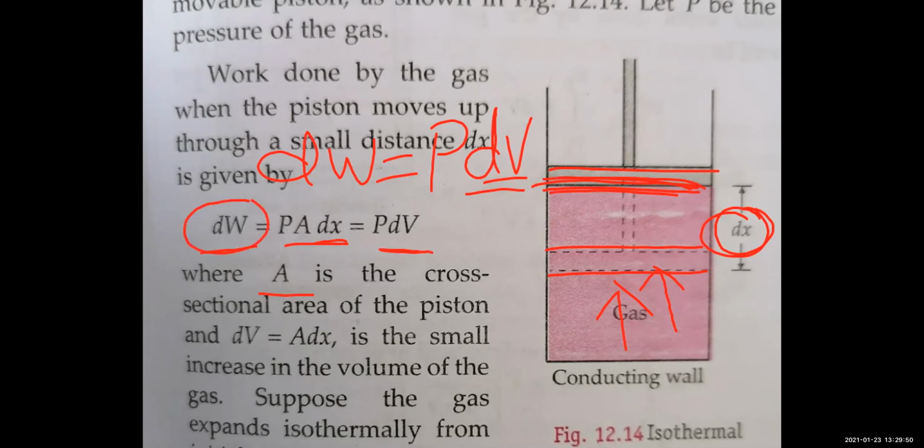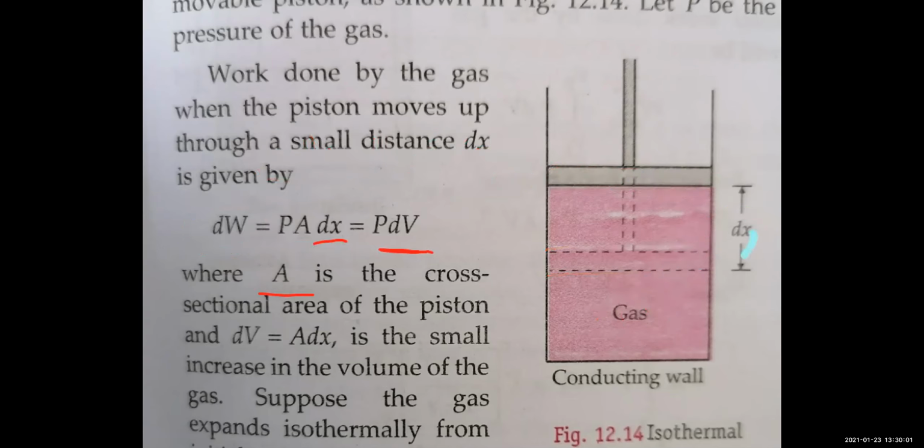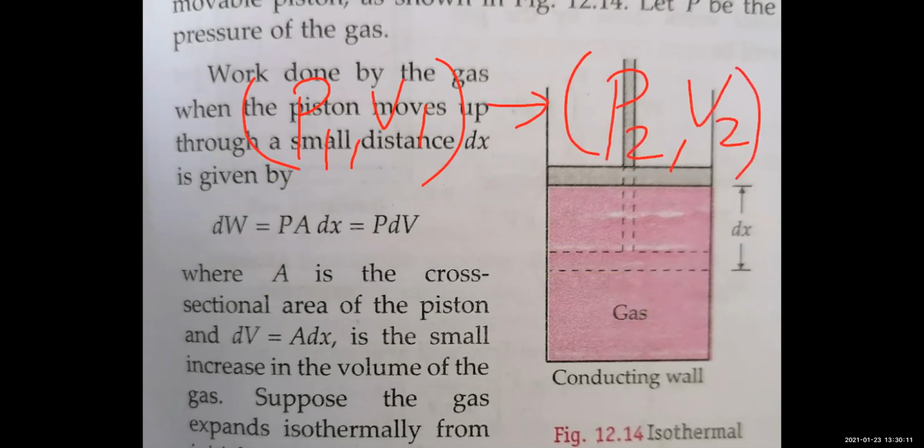Suppose we are changing the gas from its initial state, pressure P1 and volume V1, to P2 V2, because children, when the piston moves upwards, there will be a change in the pressure also.